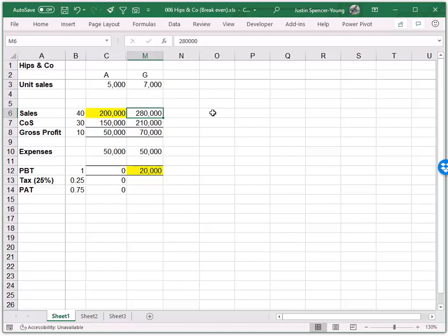Now we have to pay for the marketing campaign. It doesn't come for free. Now how much are we prepared to pay so that we are no worse off than our break-even position? And that is what's being asked in question G. So then you might say you won't pay more than 20,000, because if you paid that money and you made it part of the expenses, your profit would then be 0 and you would be no worse off.